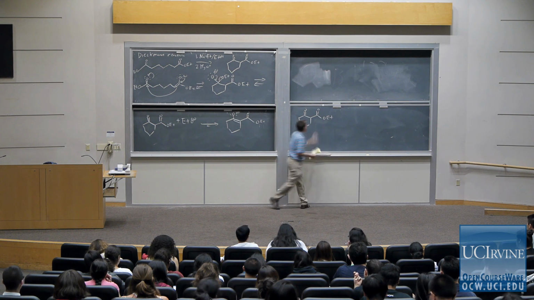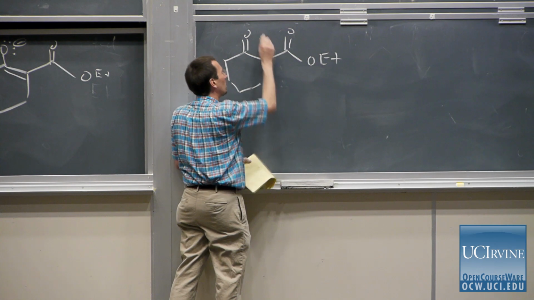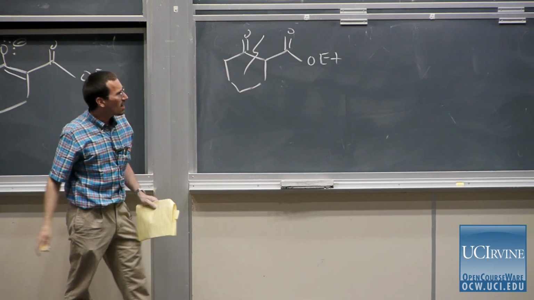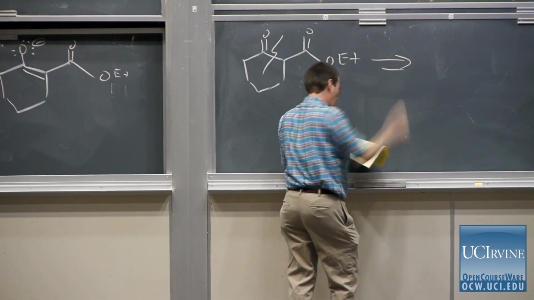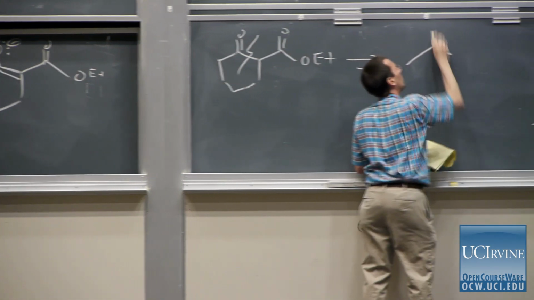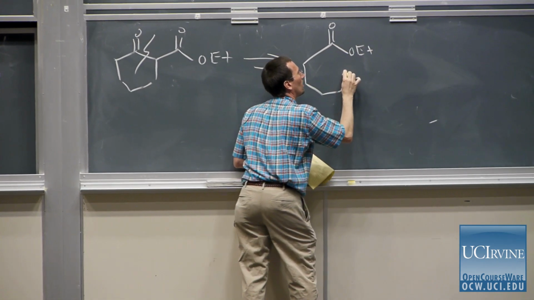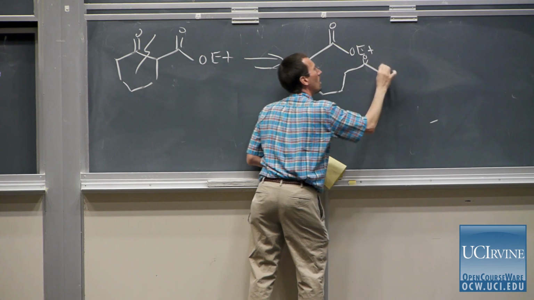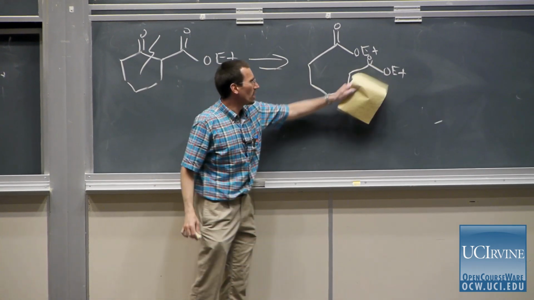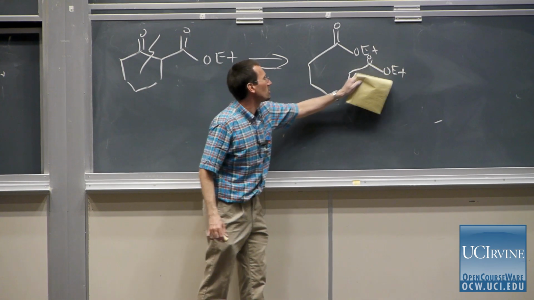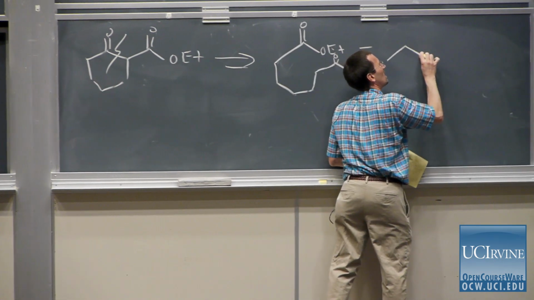Okay, but what about this one? Well, remember, this is our retrosynthetic analysis that we've been learning about. It's a 1,3-dicarbonyl compound. The way we see it over here, you break it apart retrosynthetically, like so, to this diester. And if you count, that's 1, 2, 3, 4, 5, 6, 7.